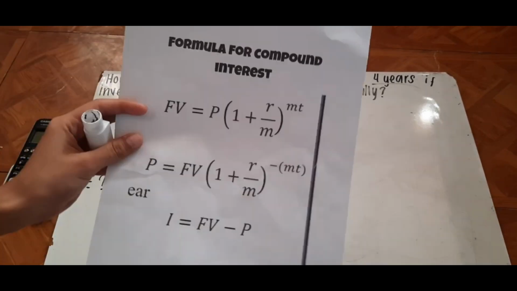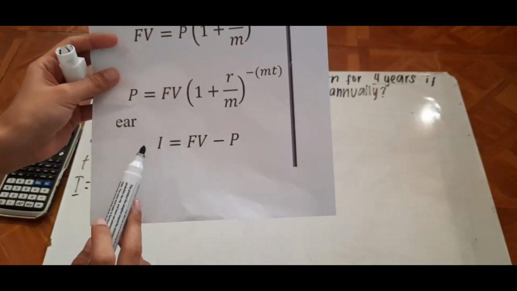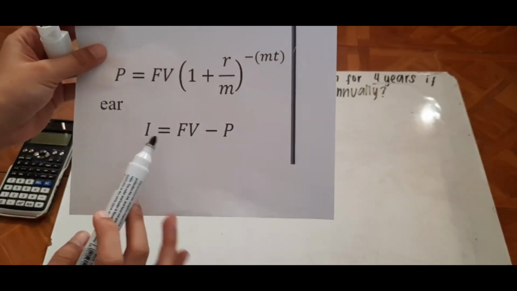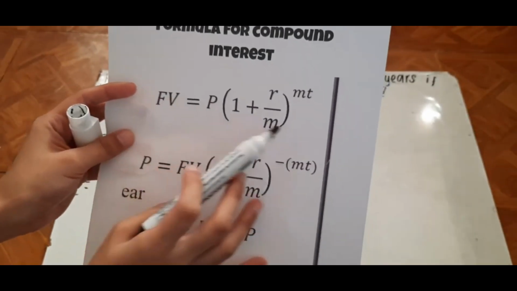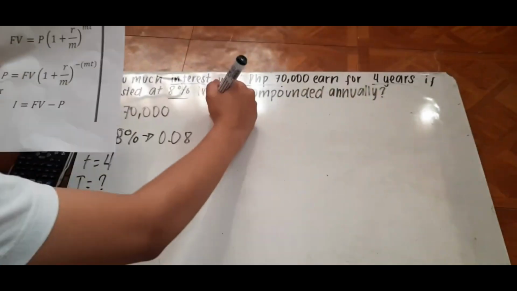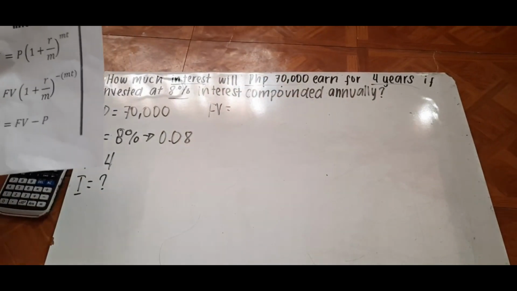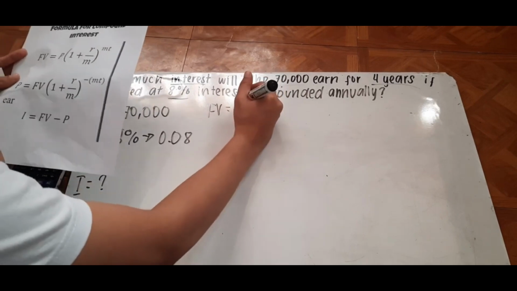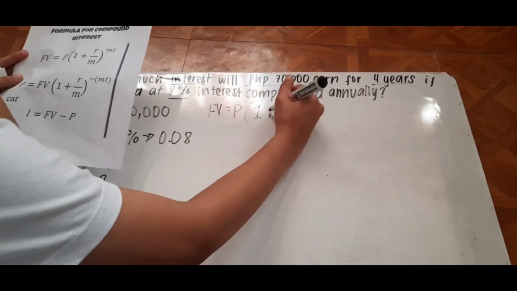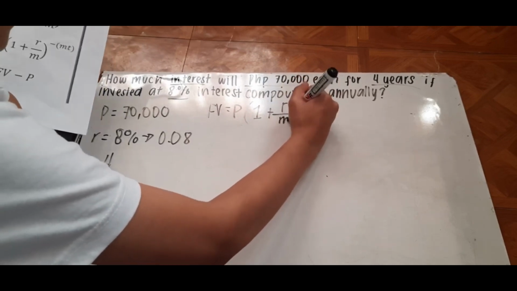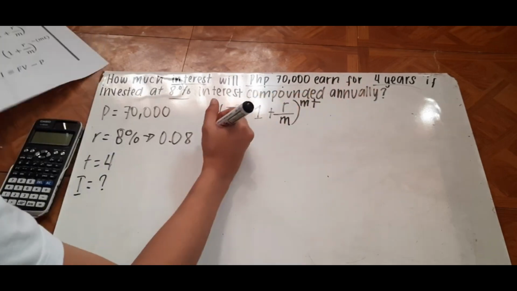So looking at this formula, we're looking for the interest. So in order to get the interest, we need to get the future value first. So let's use this formula. So FV, or future value, the sum of interest and principal, is equal to P times (1 plus R over M) raised to M times time.